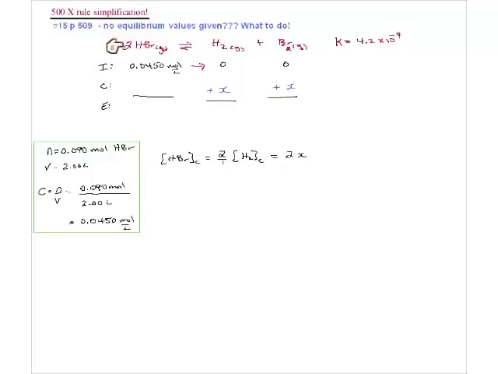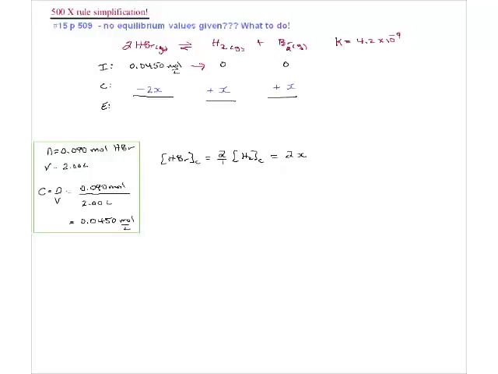It's a 2-to-1 ratio. So if the hydrogen went up by X, this guy is going to have to go down by 2X. Okay, now we've got a change related to all three of these species.